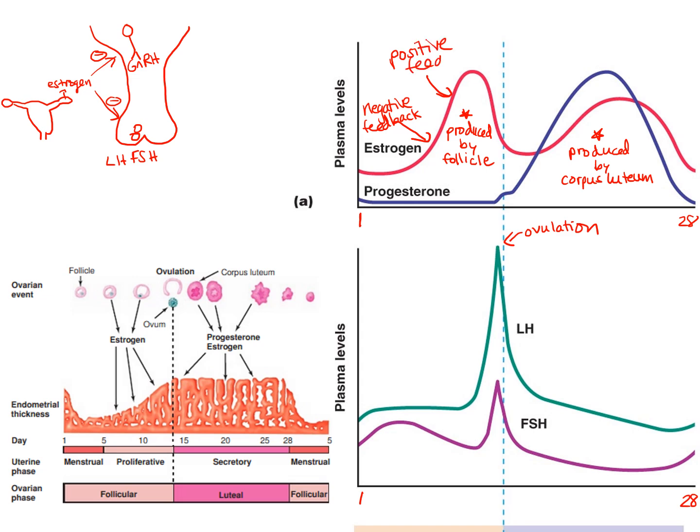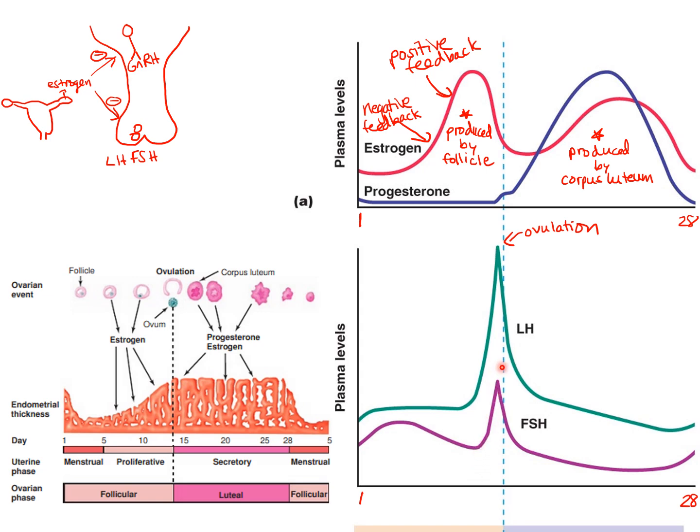So what happens is there's some neurons in the hypothalamus that when the estrogen levels get high enough, that high level of estrogen will stimulate those neurons in the hypothalamus, and then they will tell the hypothalamus, hey, go ahead and release your GnRH. And then the hypothalamus releasing GnRH will tell the anterior pituitary to release the LH and FSH. And so then we get our LH surge.